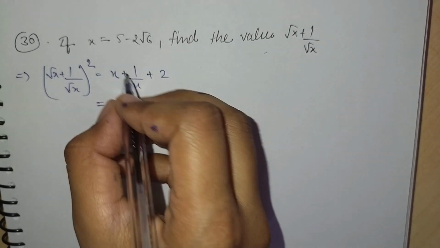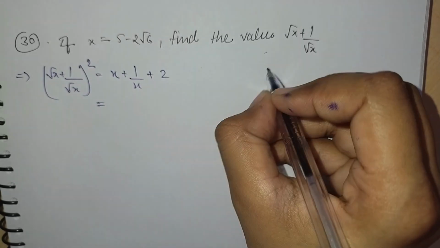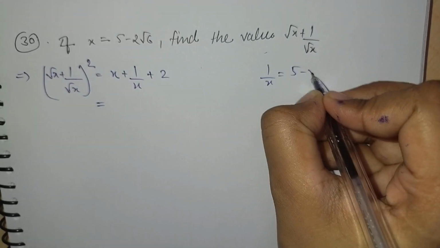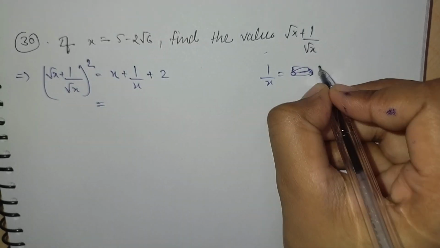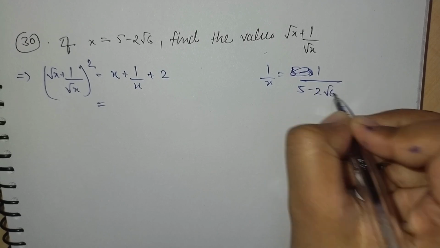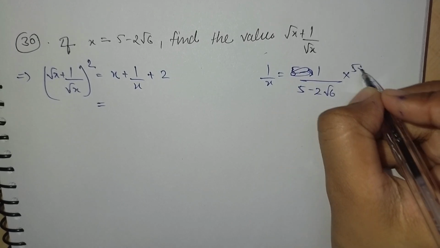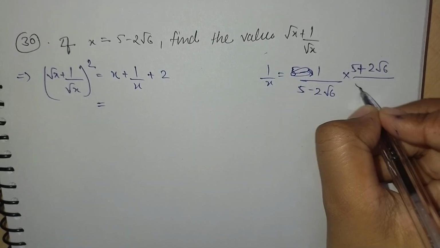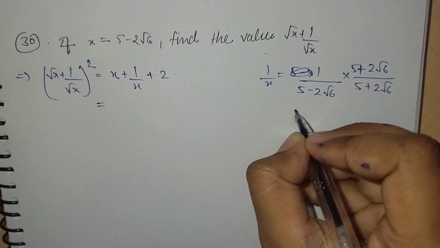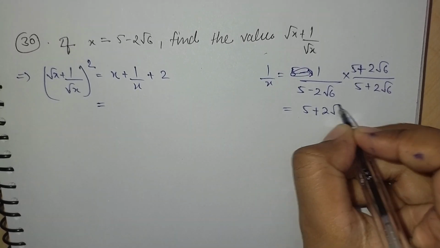So we will put here the value of 1 by x. So 1 by x, from here on solving, on rationalizing this value, we will get 1 by 5 minus 2 under root 6 into 5 plus 2 under root 6 over 5 plus 2 under root 6.